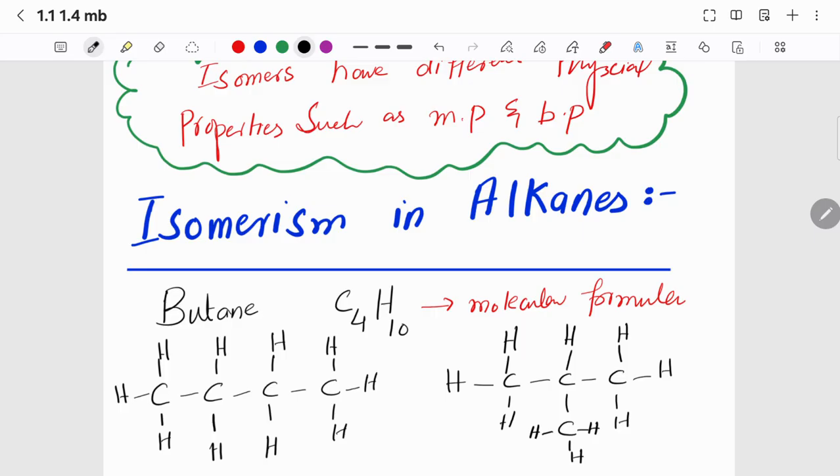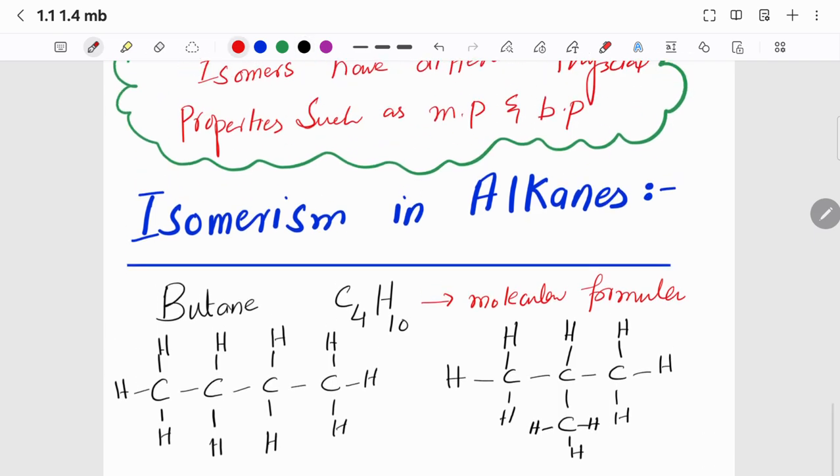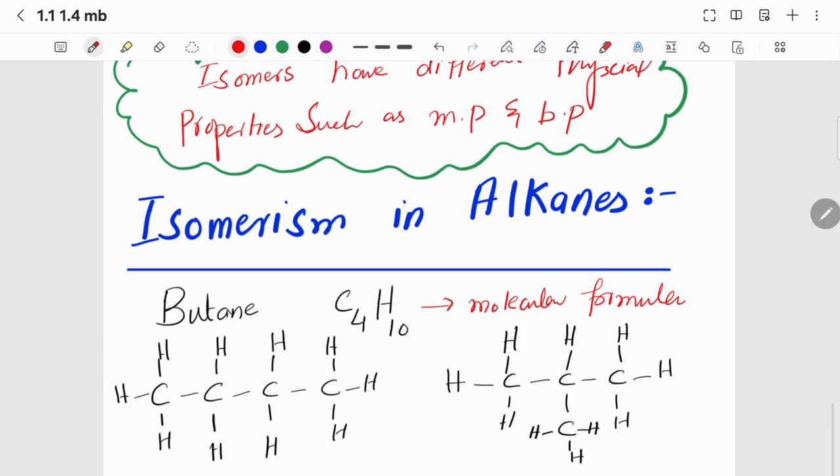What is the name for the first one? For the first one, the name is n-butane. Why? Because all the 4 carbons are attached in a row, and the name for this is methyl propane.